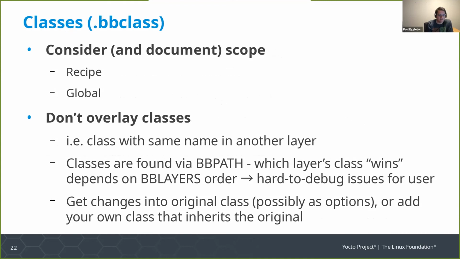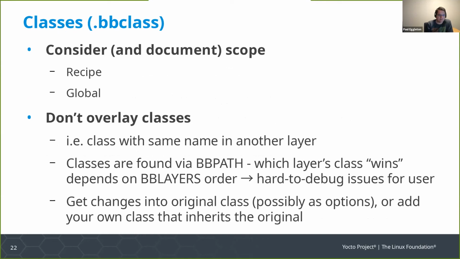So something to consider if you're adding classes, consider the scope that it'll be applied in. Is it inherited from a recipe, or do you intend it to be inherited globally? Depends what it's doing. Document that in comments in the class. Try not to overlay classes.